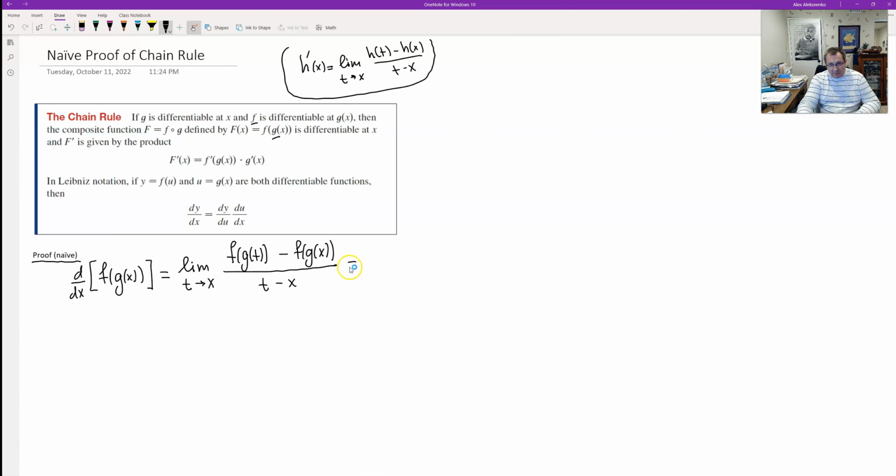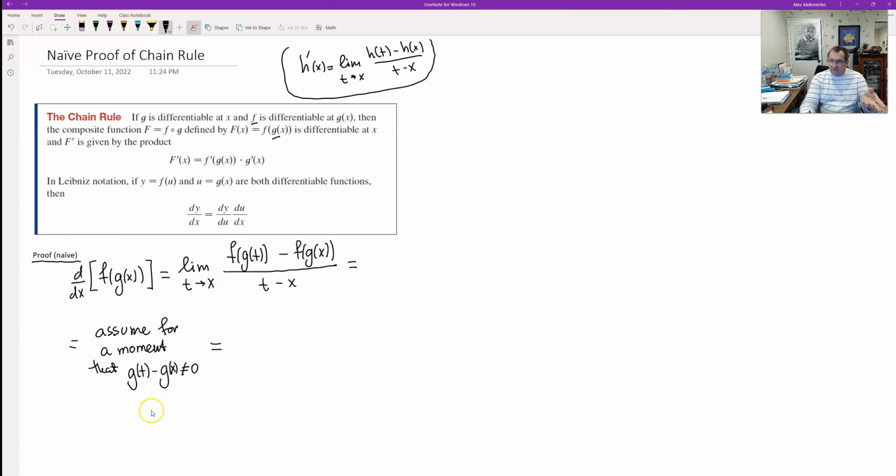Well, we do the following. Let me show you a trick. We will assume for a moment that g of t minus g of x is not equal to 0. Now, it is a strong assumption, and this is why this proof is naive.